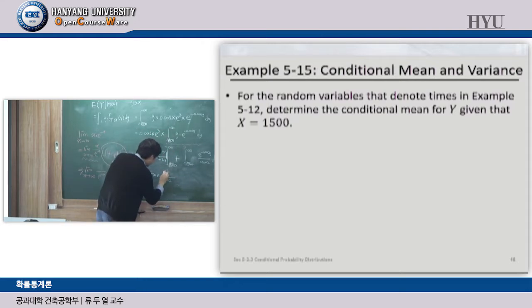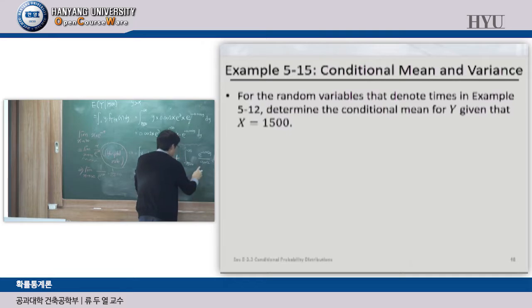And plus, this is minus exponential minus 0.002y over 0.002 squared, right? From 1500 to infinity, okay?